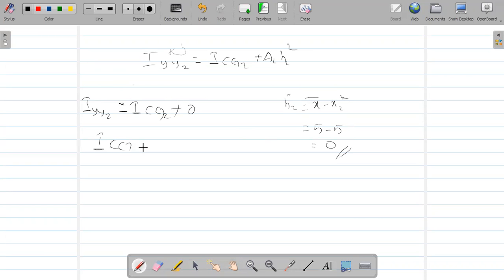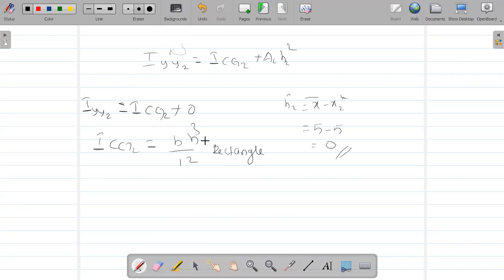When you take Icg2, the formula is bh cube by 12. This is only for rectangle. I have given the formulas. If it is a triangle, then it will be bh cube by 36. You have to see which section you are using, and basing on the section, you have to select. This is for rectangle.